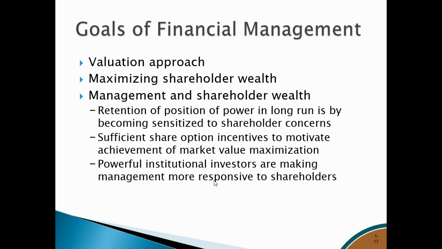Powerful institutional investors, for example the big insurance companies, use the funding they get from policyholders and invest in companies. And you have EPF, Khazanah, all these large corporations known as institutional investors.